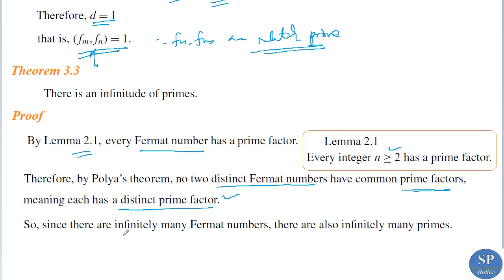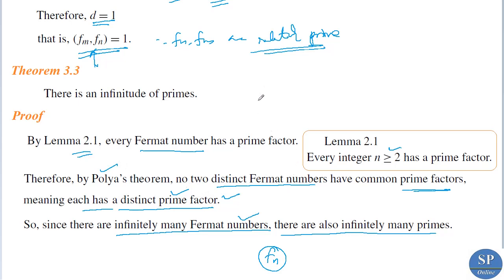Since there are infinitely many Fermat numbers, as we get one whenever we replace n, there are infinitely many primes also, because each Fermat number has a distinct prime factor by Polya's theorem.